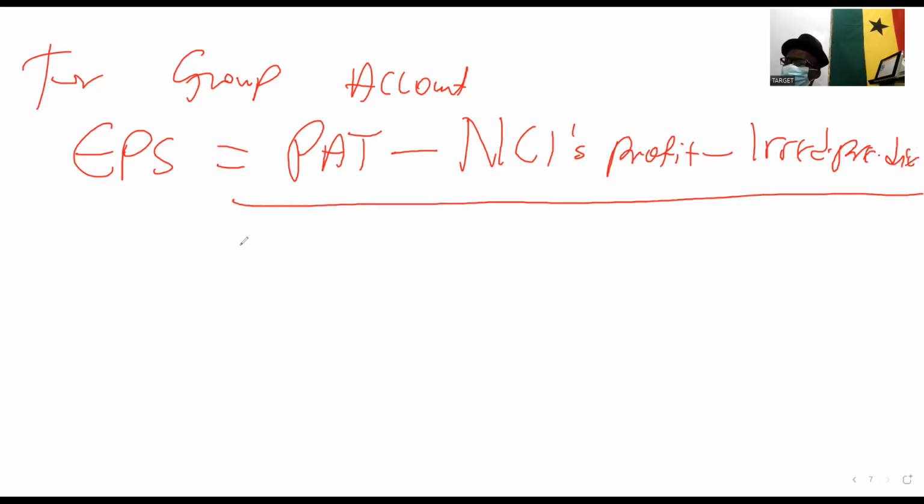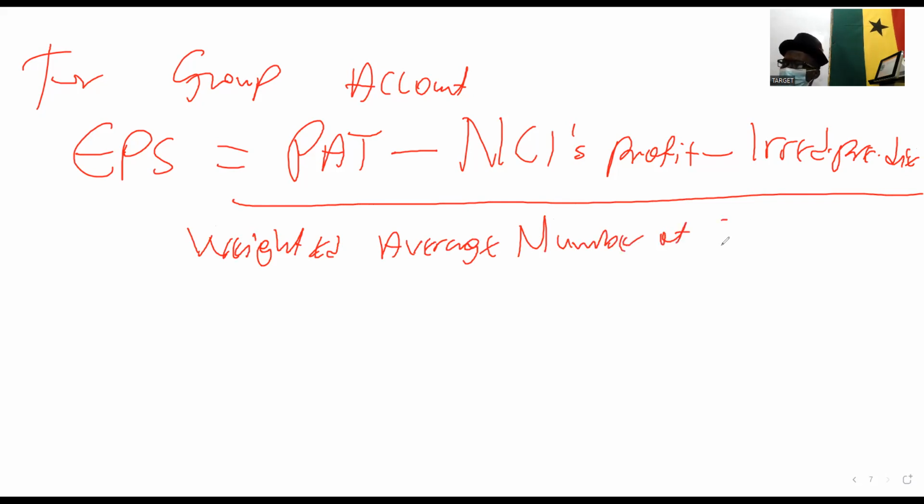Again, all divided by the weighted average number of shares of the parent, only the parent. Don't add all the subsidiary shares to it, please. We are begging you, even though we are arguing that it is for the group. So that's the first issue.